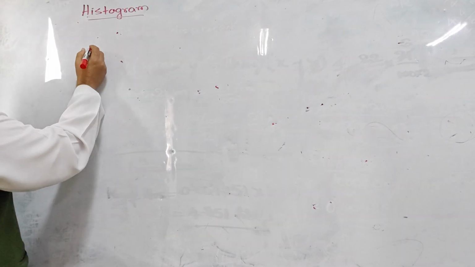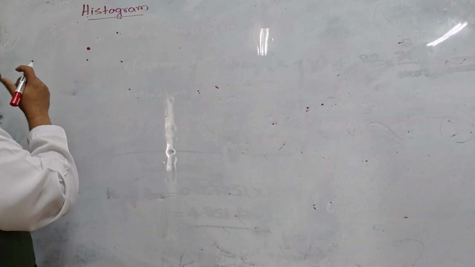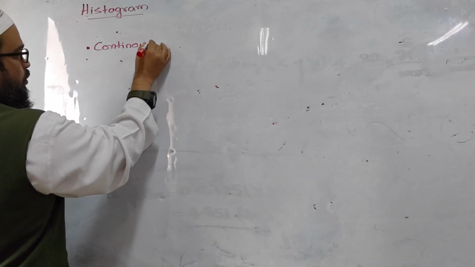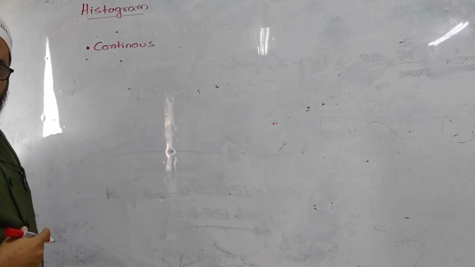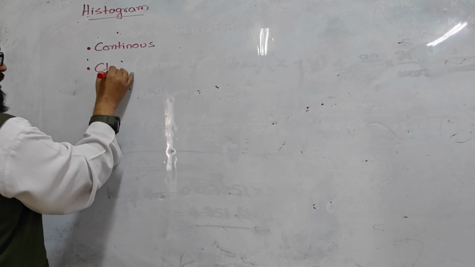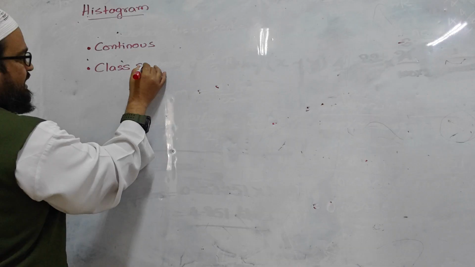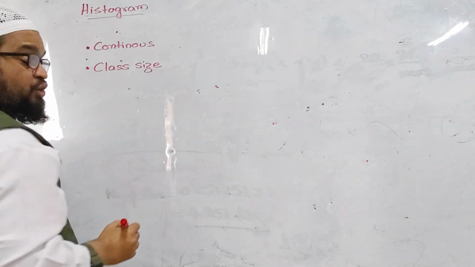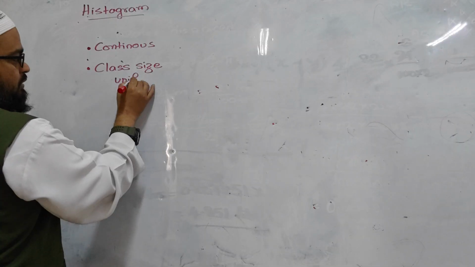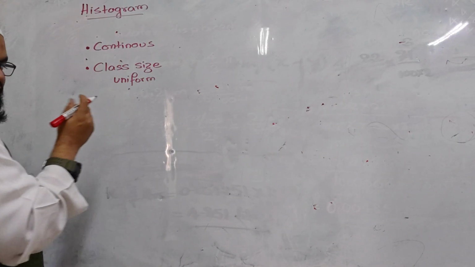The first thing you have to check is whether it is continuous or not. Whether it is a continuous group frequency distribution or not. And the second thing you have to check is whether the class size is uniform or not. If it is uniform, then you can go with the class size.